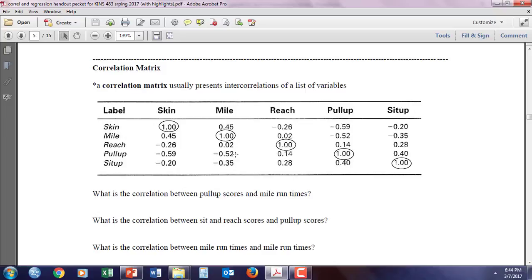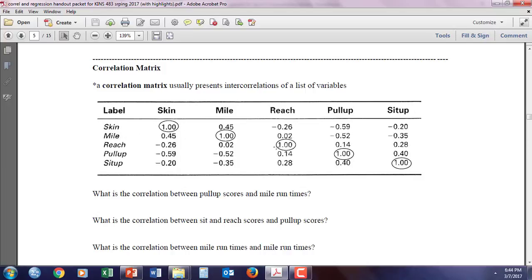There is a moderate inverse relationship between how many pull-ups you can do and how fast you run the mile, okay? You'll also notice that I could have come over here in the column that said pull-ups, come down here to mile run time, and I see that minus 0.52 correlation is going to be identical.